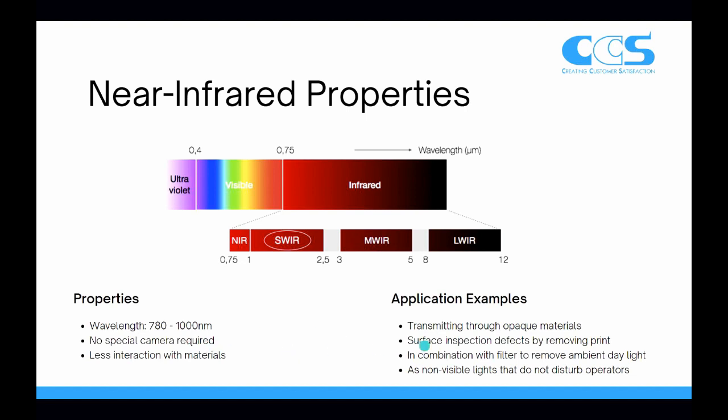Examples include transmitting through opaque materials and doing surface inspections by removing print or something along those lines. You can use it in combination with a filter to remove ambient daylight, or as non-visible lights that don't disturb operators if it doesn't change the resulting image.